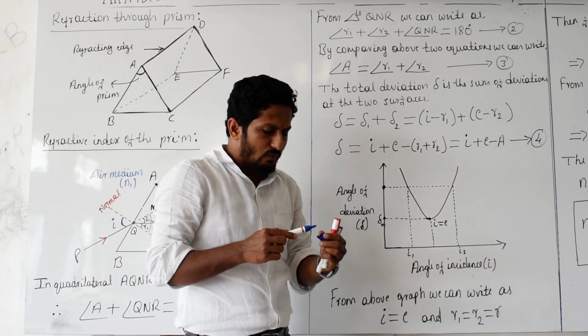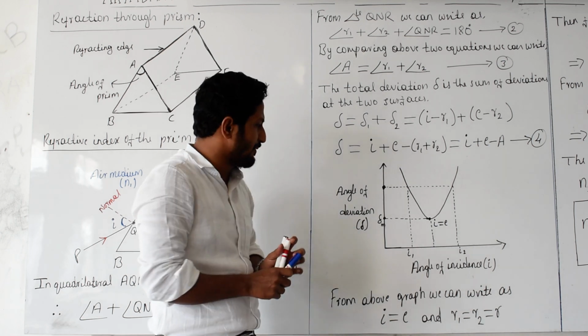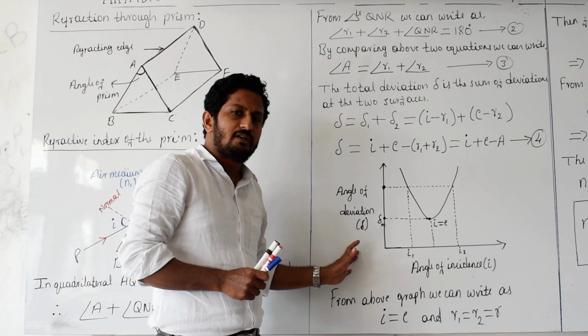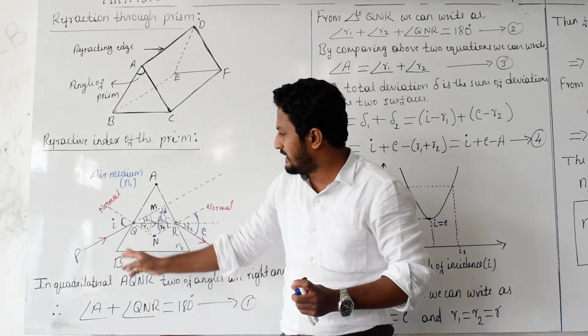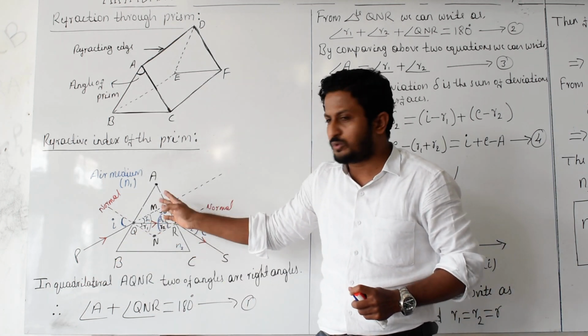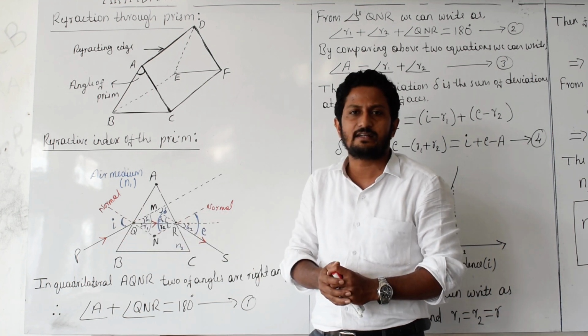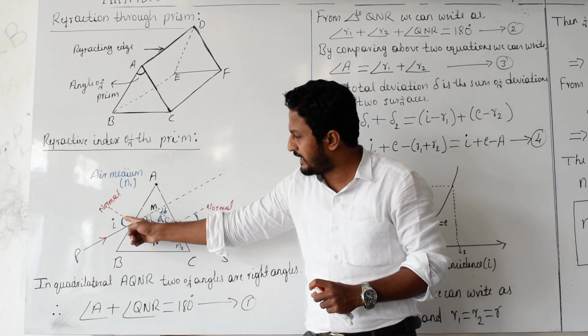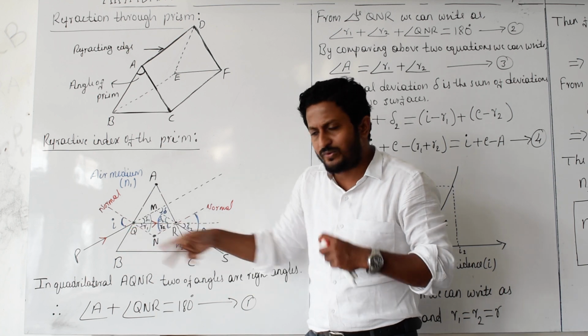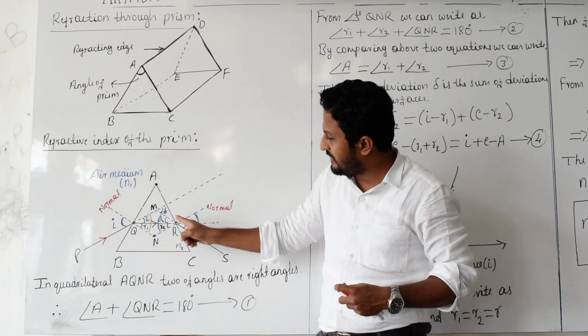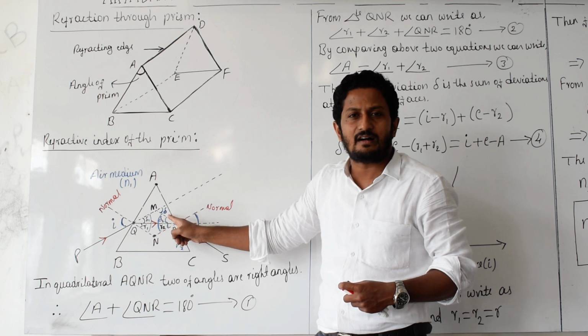Okay. See, now look on this diagram. Here we have sent that light through the prism with an angle of incidence I. For that particular angle of incidence I, we got the total angle of deviation as delta.